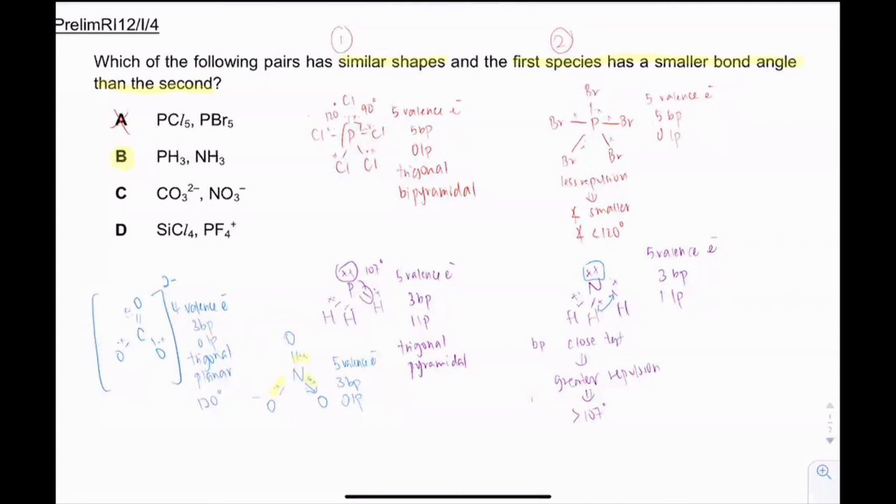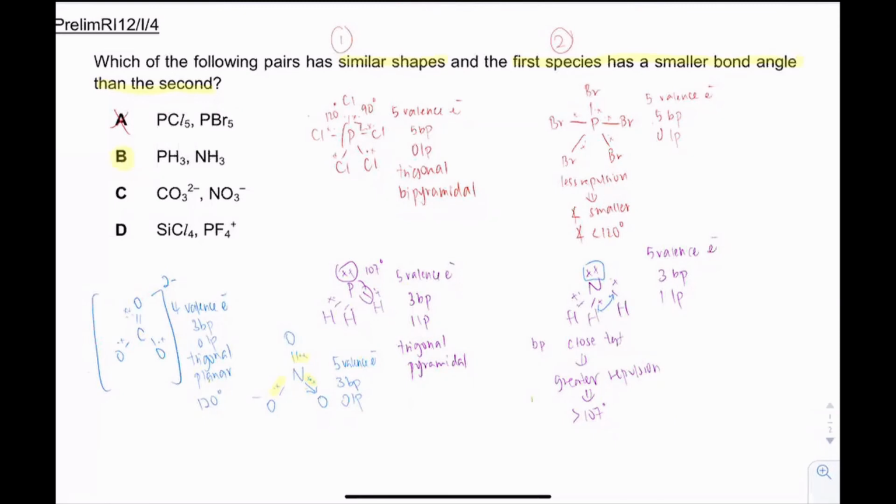Whereas if you look at NH3 in B, when the bond pairs repel, they can take up more space because the lone pair doesn't need so much space, right? So therefore, they can take up more space. So hence, more repulsion can take place in NH3 as compared to NO3-.